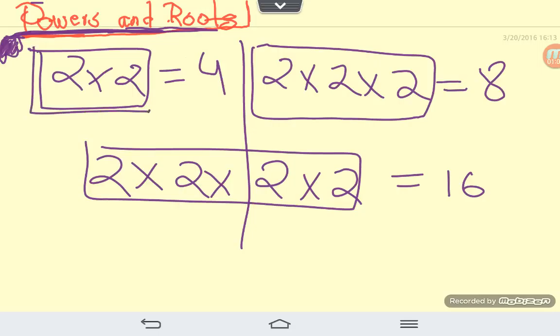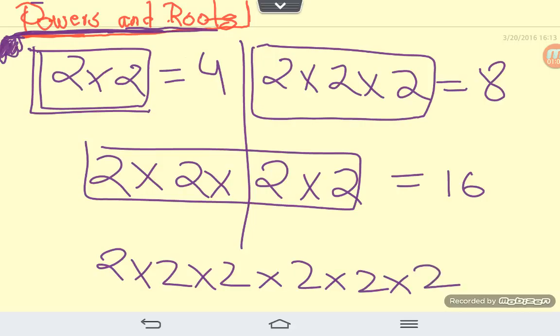But what if the line or the operation was 2 times 2 times 2 times 2 times 2? You can't write this on a paper which is really small. How do you shorten this and write it? This is when you use a power.